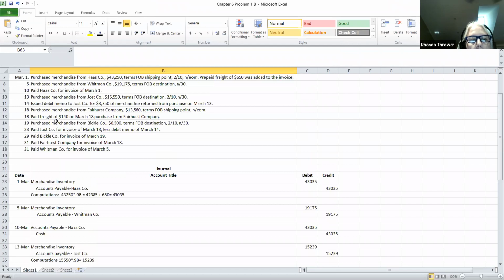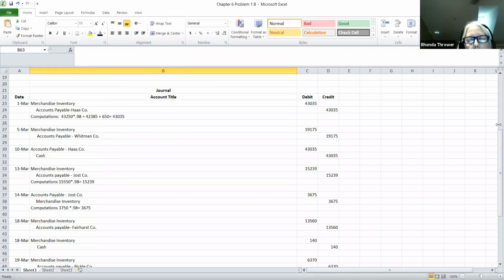So we paid the freight of $140, and this was the transaction where we did that. We debited merchandise inventory and credited cash for $140.